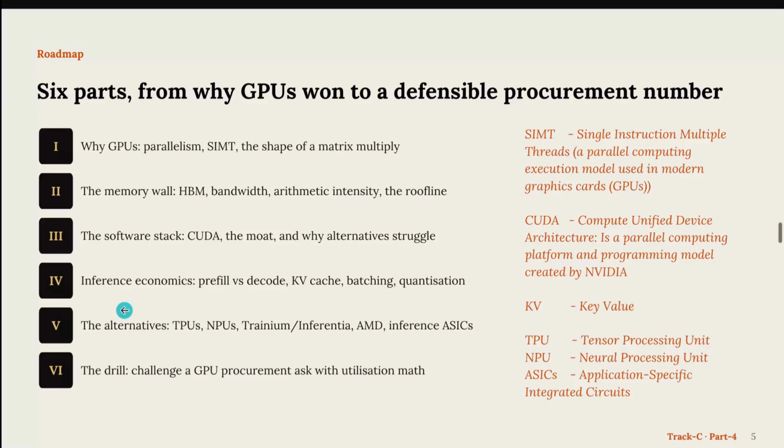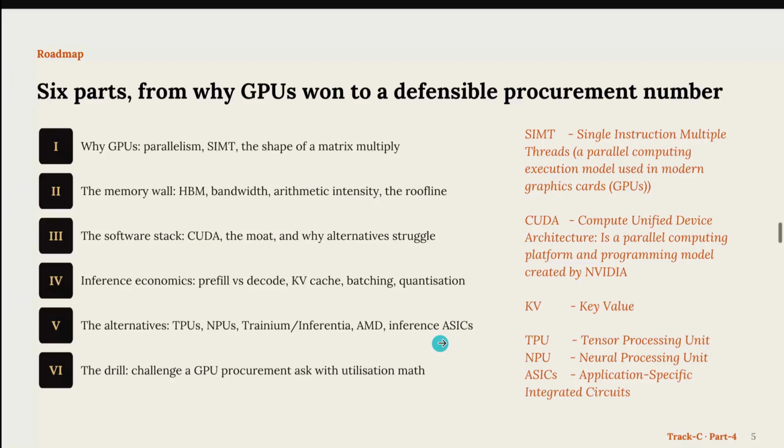Inference economics: we are going to look at prefill versus decode, KV cache, batching, and quantization techniques to improve inference. We are going to look at alternatives like TPUs, CPUs, AWS, AMD, and other systems. Finally, the drill would be that you go and challenge a GPU procurement task with utilization math.